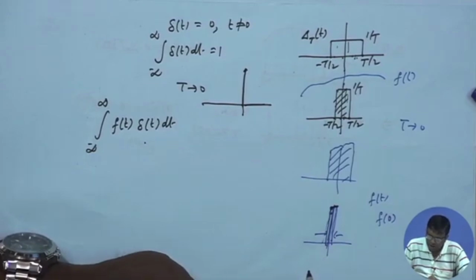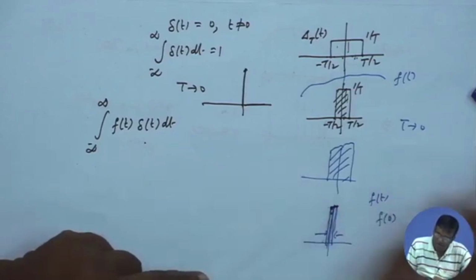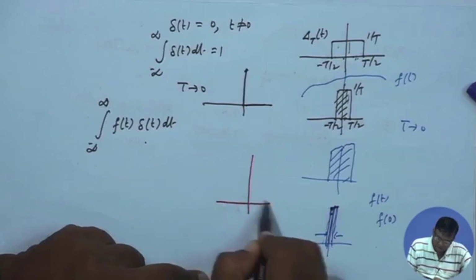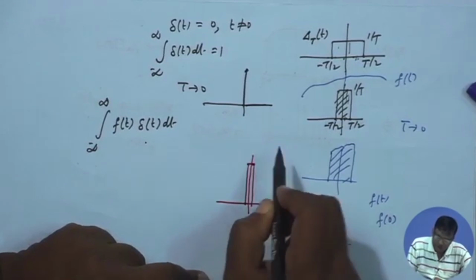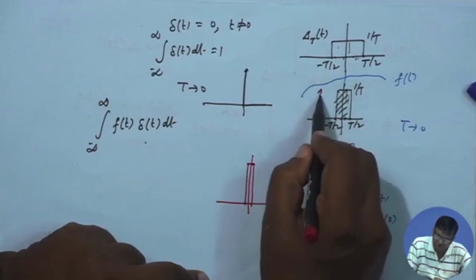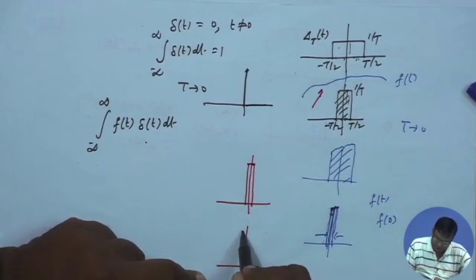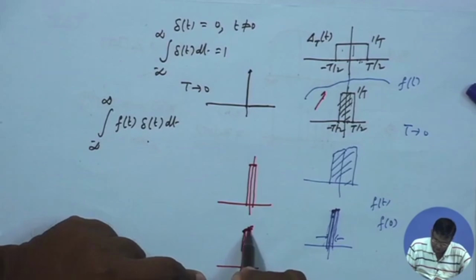So, if that be, what is the area? I am repeating again, suppose I have made this pulse very narrow and I am multiplying this by f t. So, it will be very narrow, right.